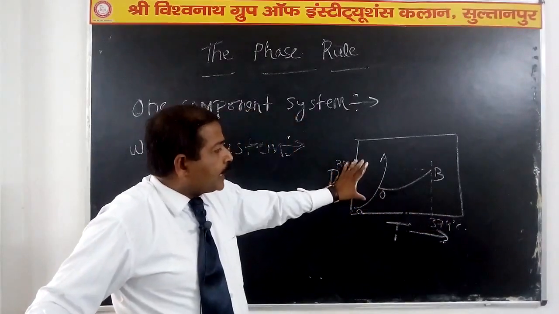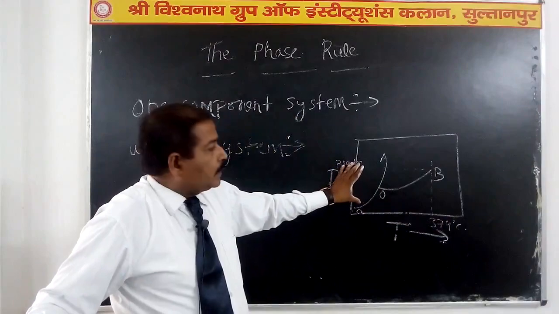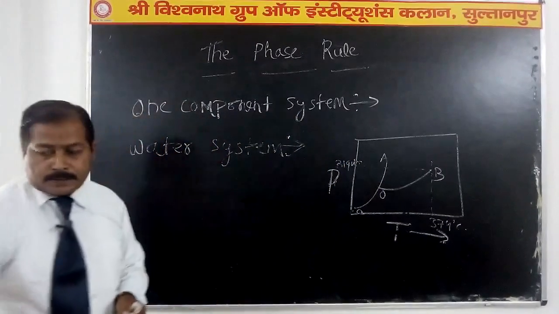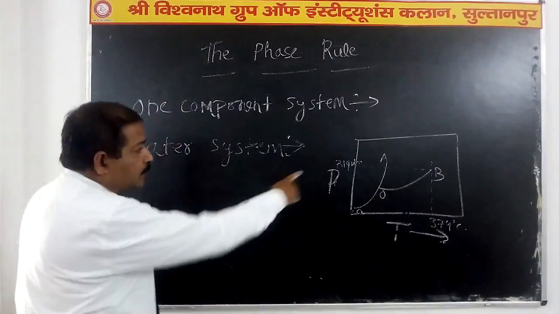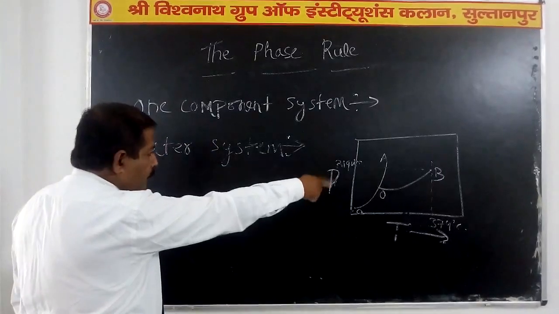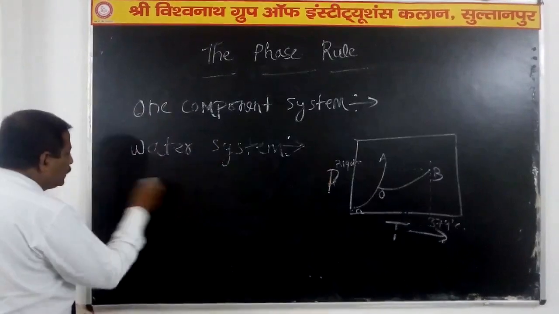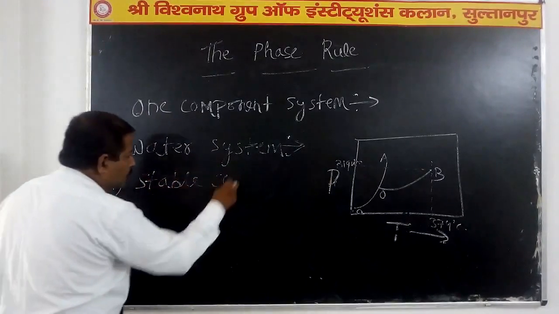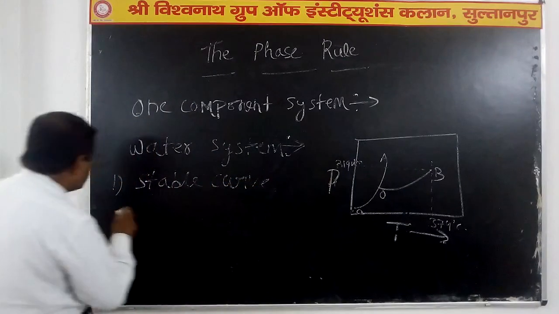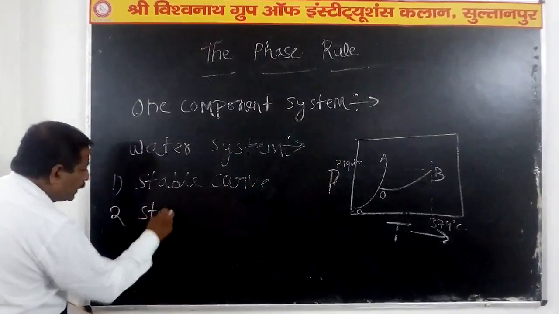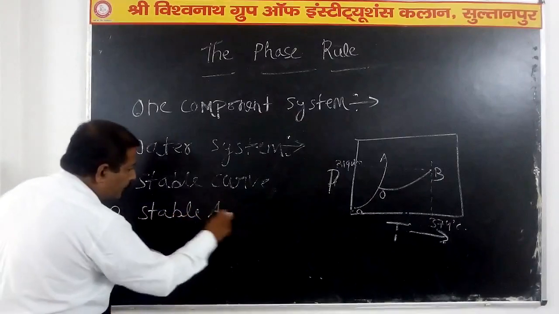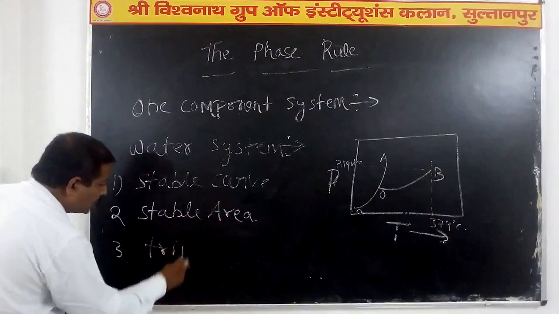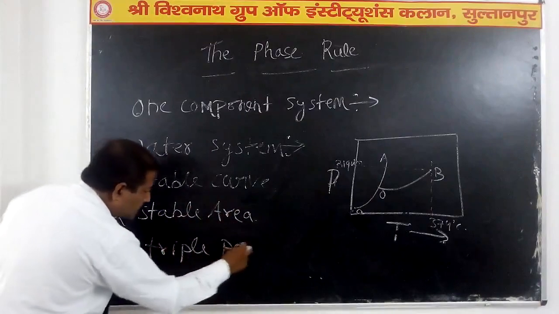Now from this phase diagram we shall take the important features. The important features of the phase diagram of this water system are the stable curve, the second one stable area, and the triple point.